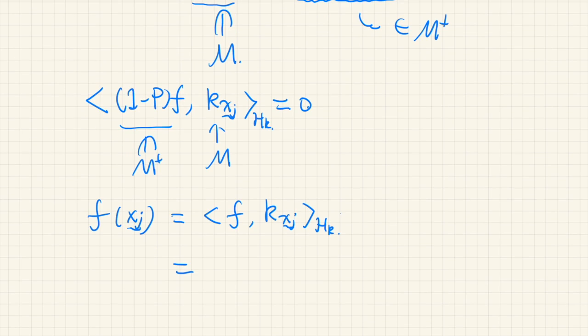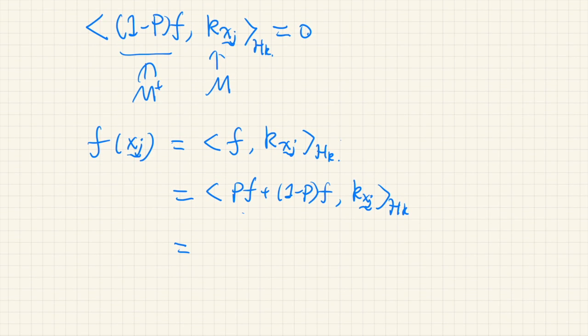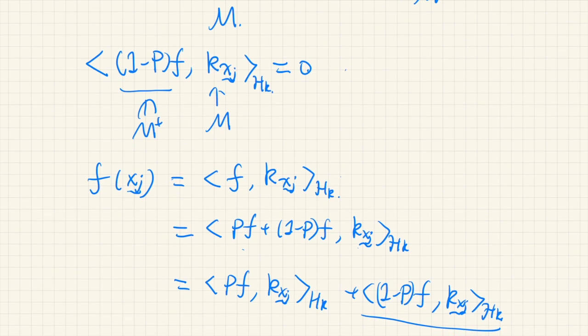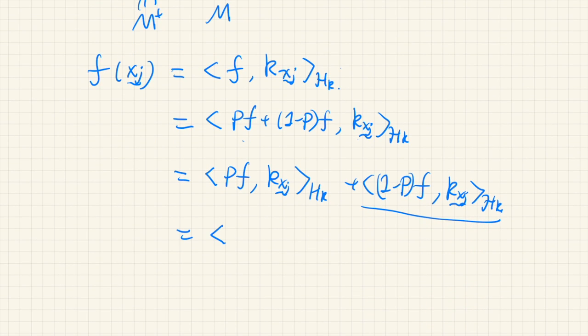And this is equal to, using the orthogonal decomposition, (Pf plus (1 minus P)f, k_{x_j}), and using the property of the inner product, we can split it like this, and ((1 minus P)f, k_{x_j}). But this is 0, as we have seen here. So this is simply (Pf, k_{x_j}).